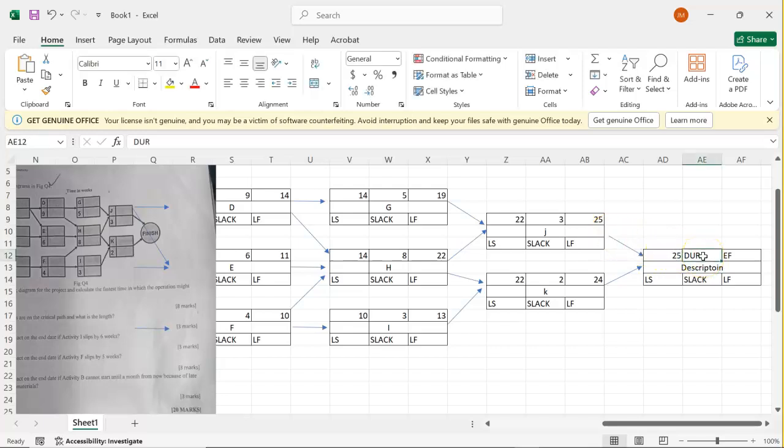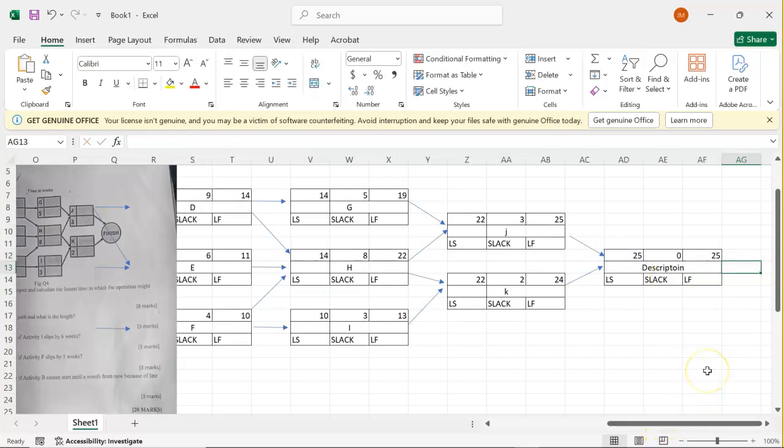Duration, it is 0 because it is finish. There is no duration for finish. So equal to, it will be 25 plus 0. We have 25.